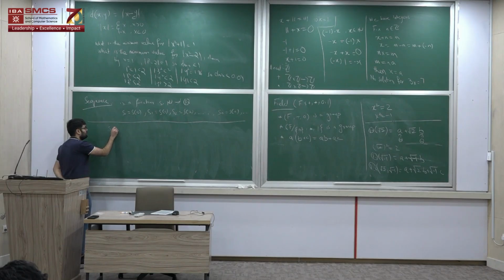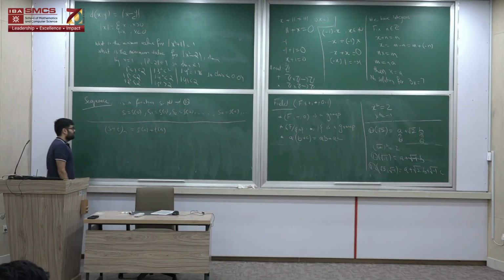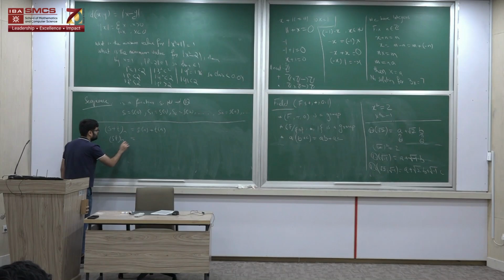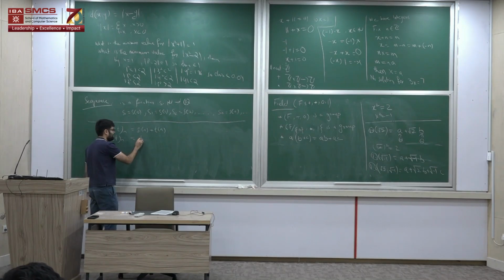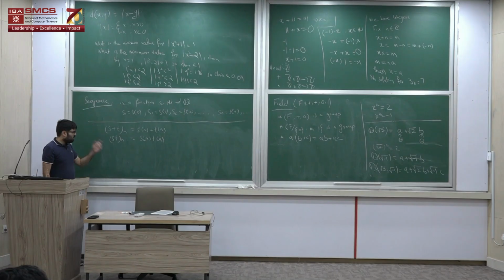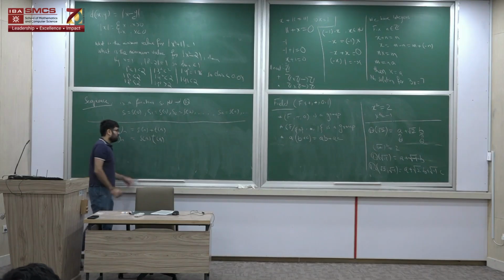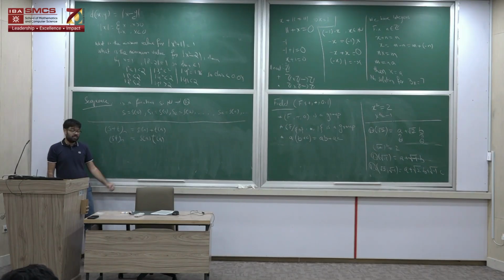So the value of S plus T at n is just S of n plus T of n, and this is S n times T n. My writing is deceiving me a bit, this is not plus.